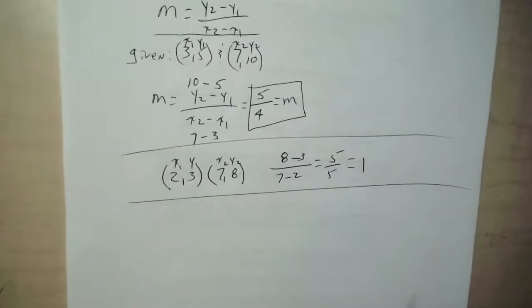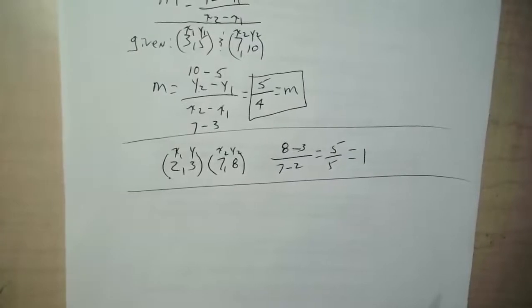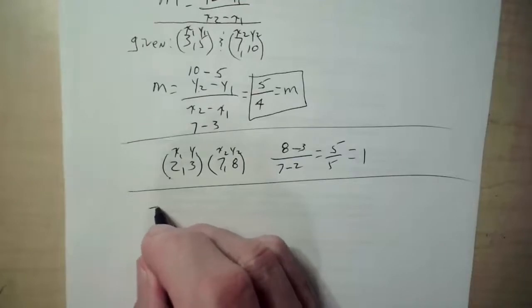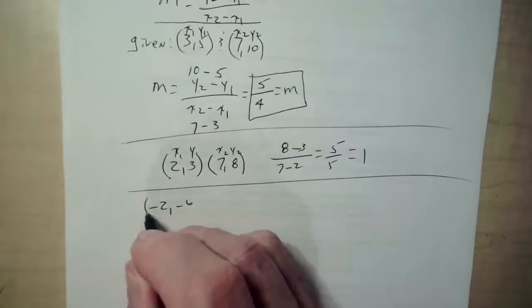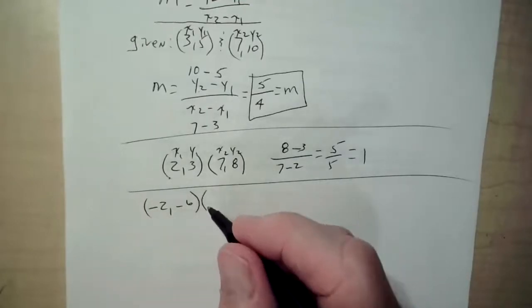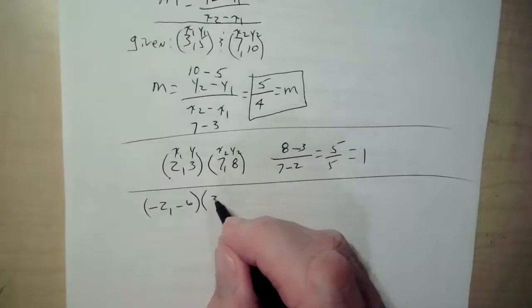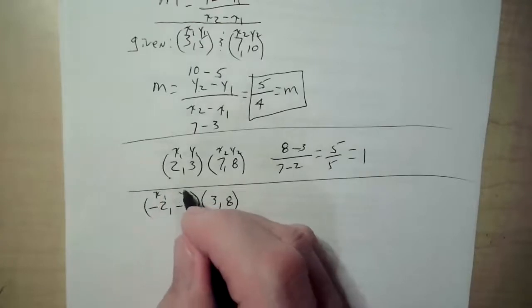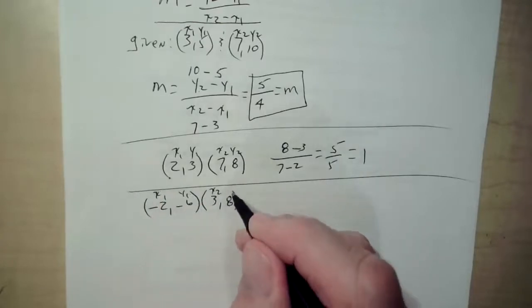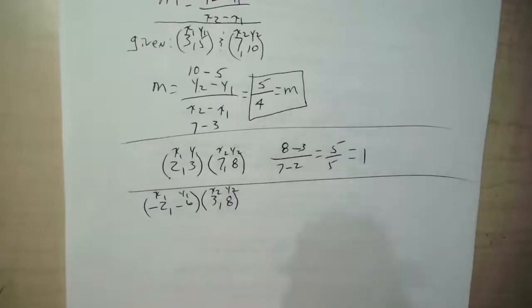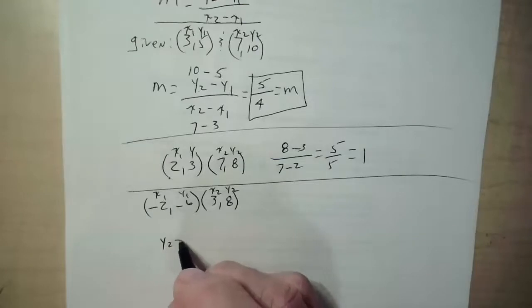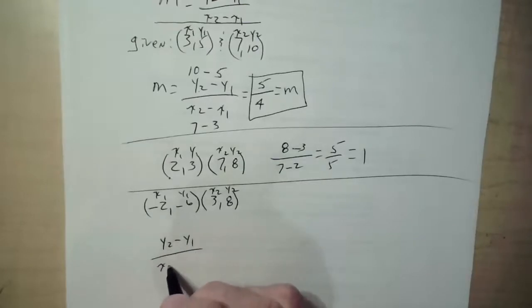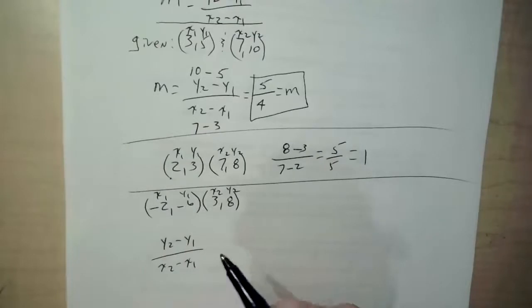Now, the only time that this really gets kind of complicated is when you got the negative numbers in here. So if we have negative 2 comma negative 6, and 3 comma 8, x1, y1, x2, y2. Okay, so we have y2 minus y1 over x2 minus x1.